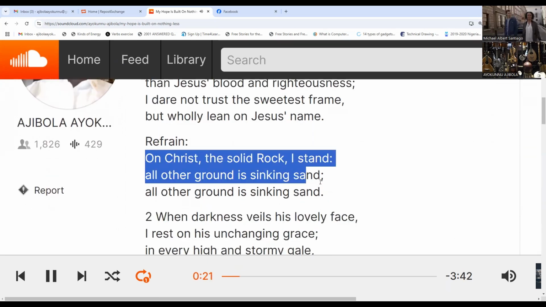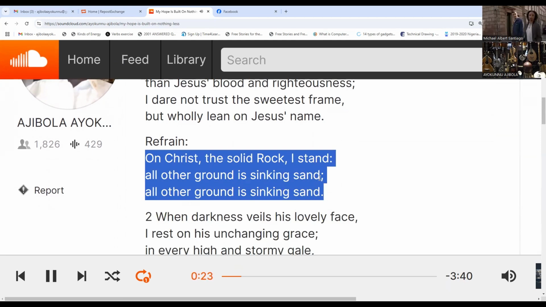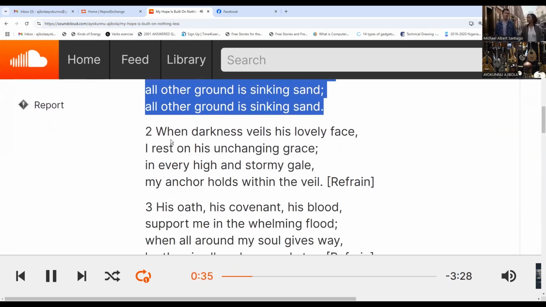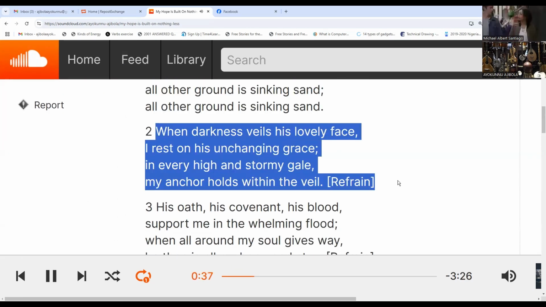On Christ the solid rock I stand. All other ground is sinking sand. When darkness veils his lovely face, I rest on his unchanging grace.